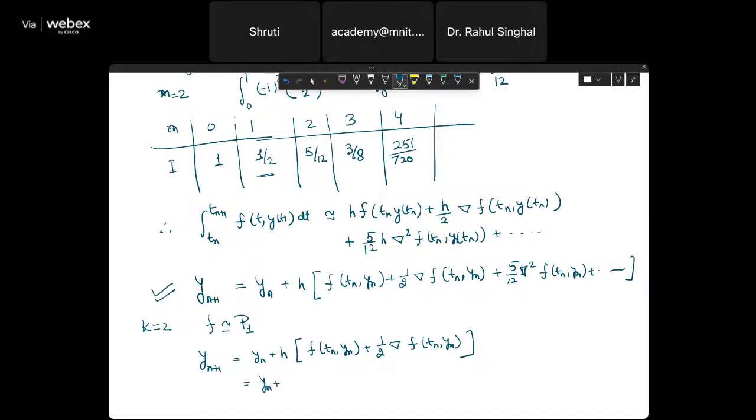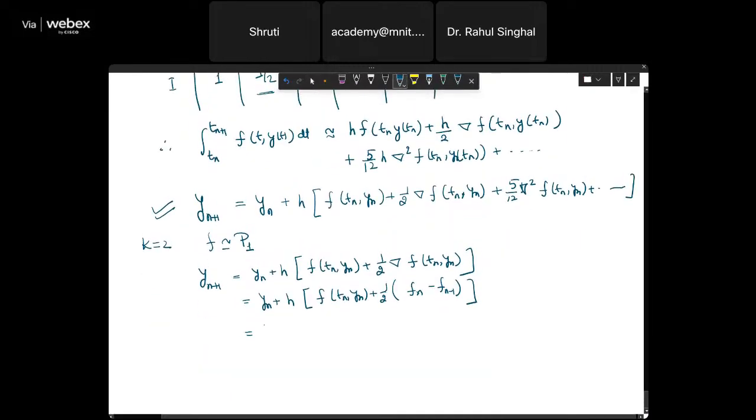We are using the Newton backward difference formula, so it will open as fn minus f(n-1). Again, short form I'm using.